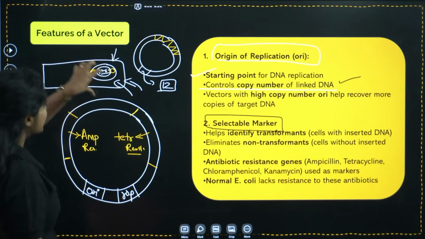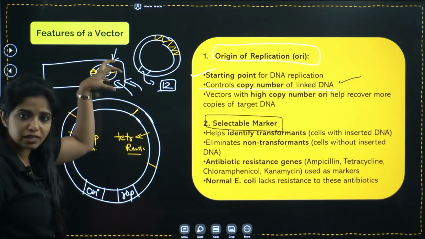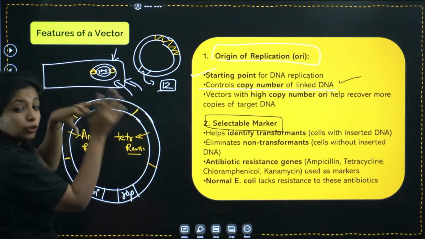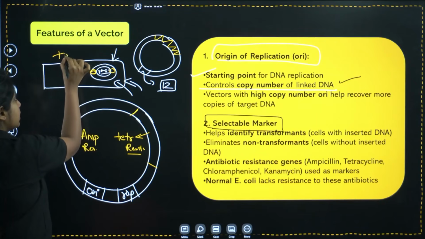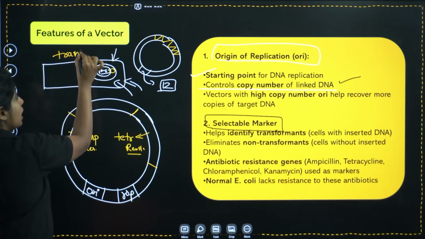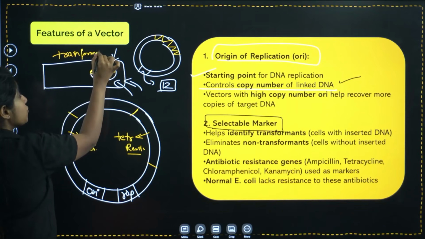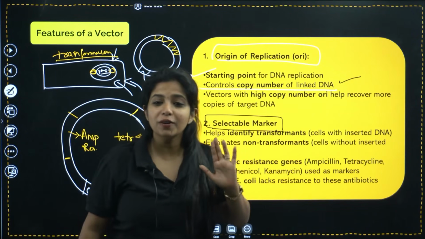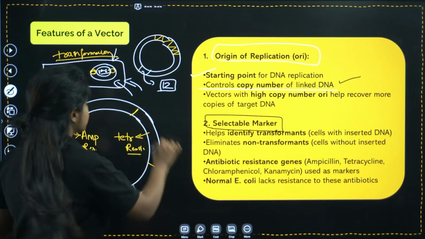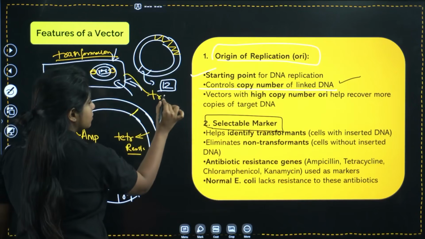Since it has taken up something from outside, it was not its own. Initially it was not like this, which is why I'll say that it has undergone a process that is known as transformation, and I'll call this a transformant cell.